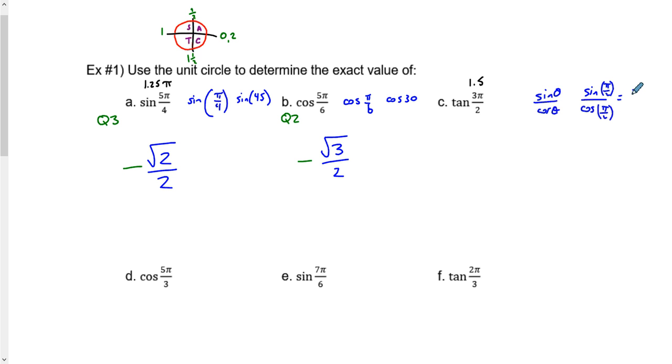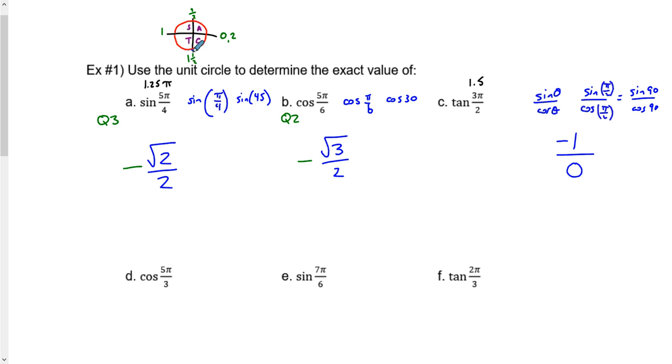Or in other words, sine of 90 and the cosine of 90. The sine of 90 is 1. The cosine of 90 is 0. Now, we also have to keep in mind what our signs are here. In between here and here, the only things that are positive would be tangent and cosine. The sine would definitely have to be negative. So I'm just going to keep that in mind.